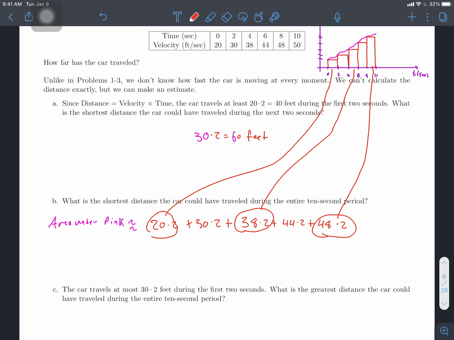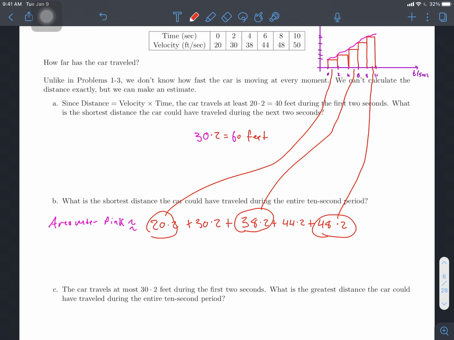If you don't like using the summation formula, you don't have to use it. You just need to make sure that you know how to divide up that area into equal widths and find the height of each rectangle, and then from there it's just adding up some lengths times widths. Questions on part A and part B?